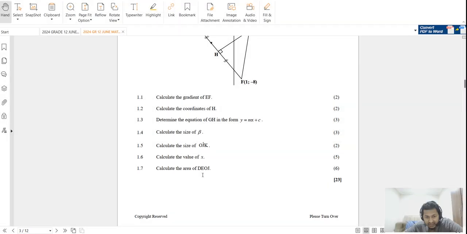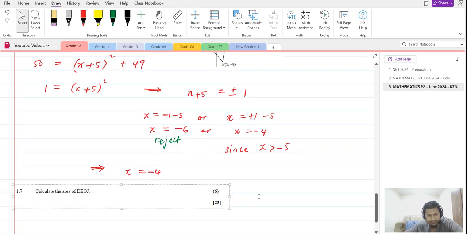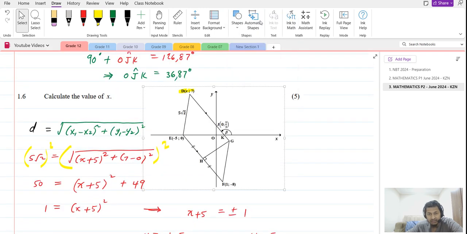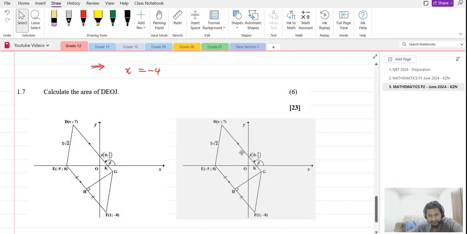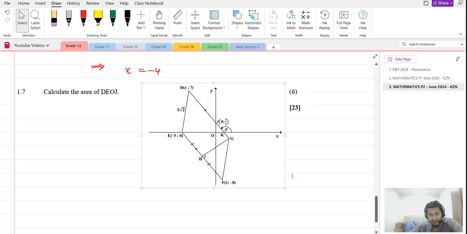Area question. Calculate the area of DEOJ. Now, how are we going to calculate the area of DEOJ? Let's retake this diagram again. Let's see how we can find the area of this DEOJ.